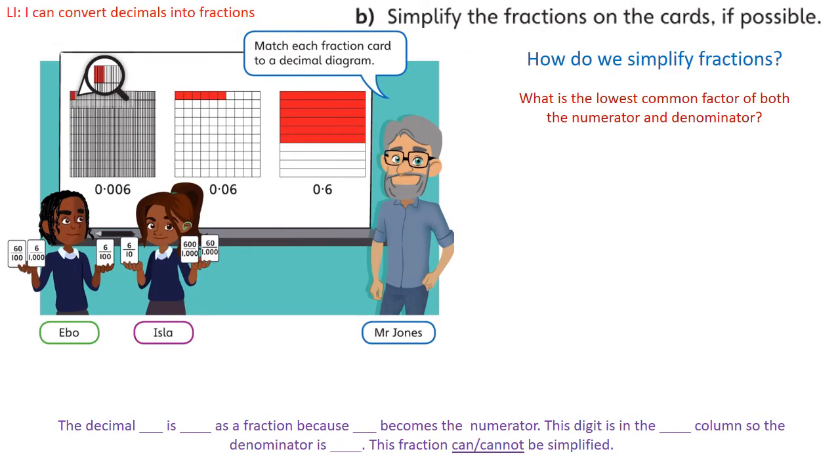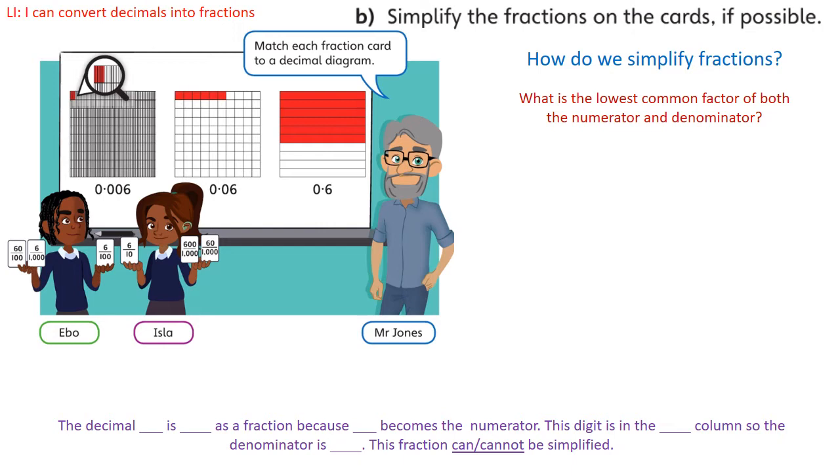So the next part of our question is simplify the fractions on the cards if possible. So we need to do a bit of revision. How do we simplify fractions? Well, we divide the numerator and the denominator by the same number to get two smaller whole numbers.